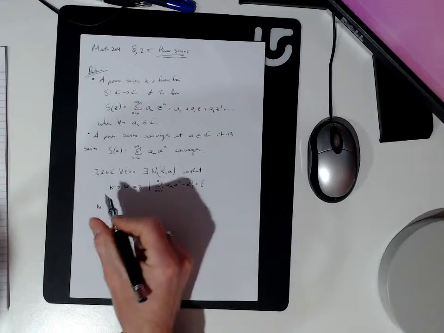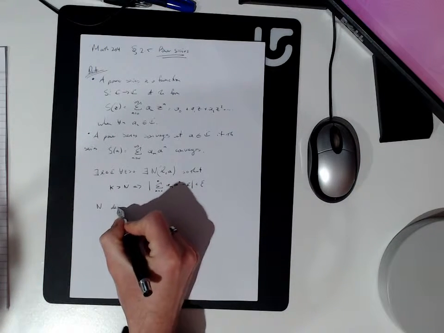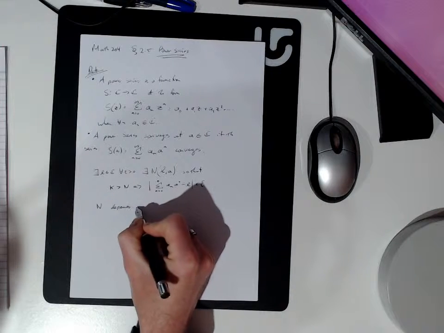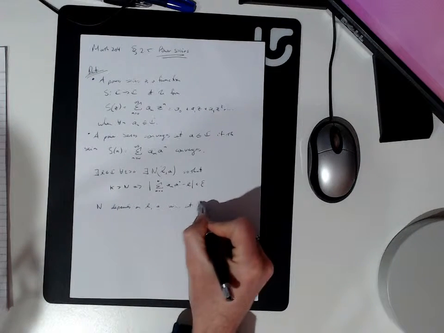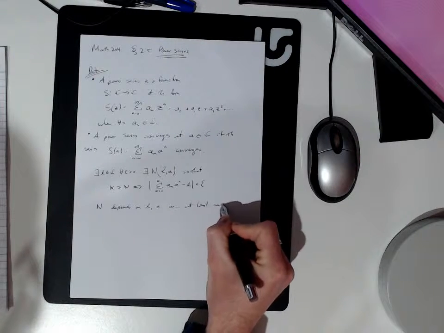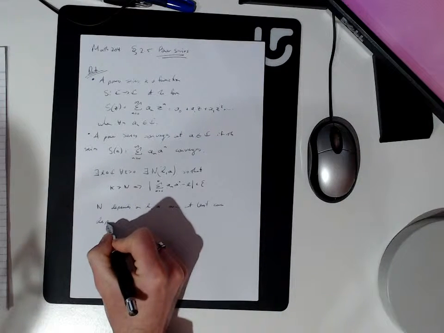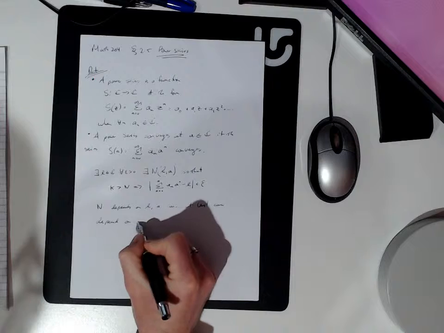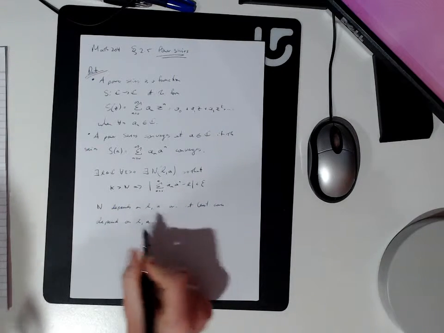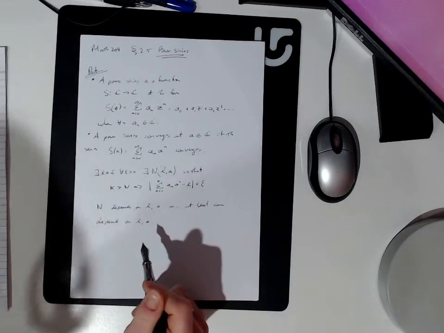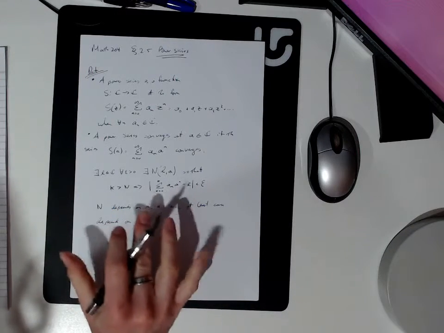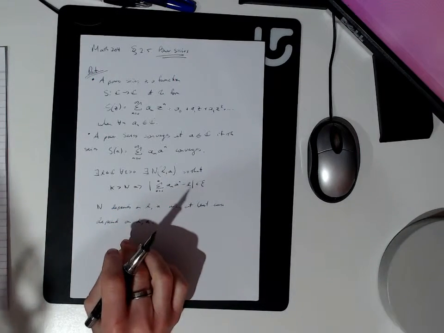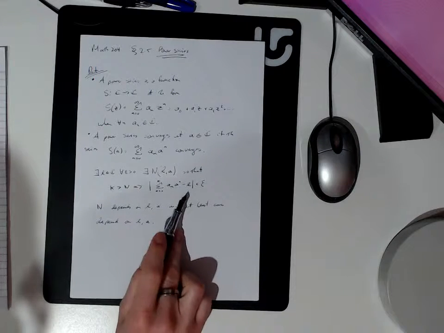Importantly, N depends on L and a, or at least can depend on L and a. So if you remember from class when we've been doing epsilon-delta things so far, all of the choices that we've made for the delta have been allowed to depend upon the limit point.